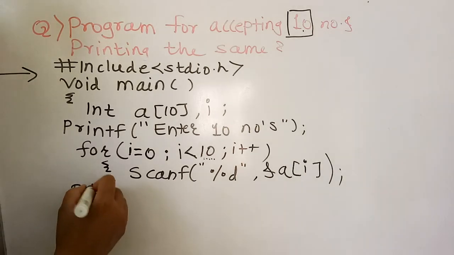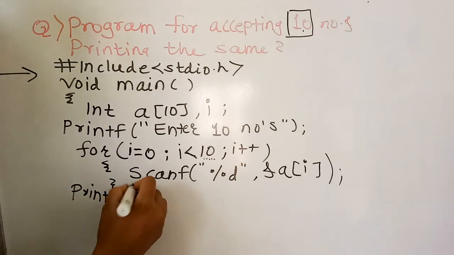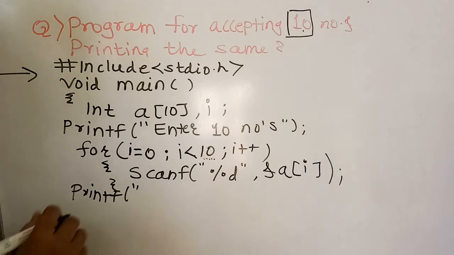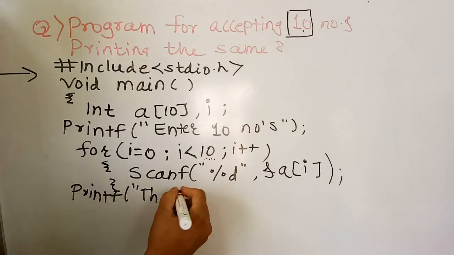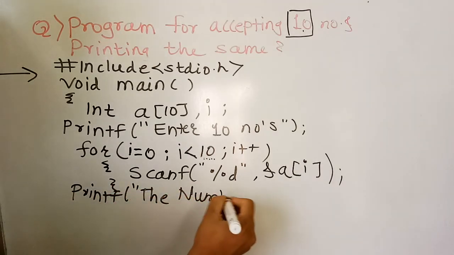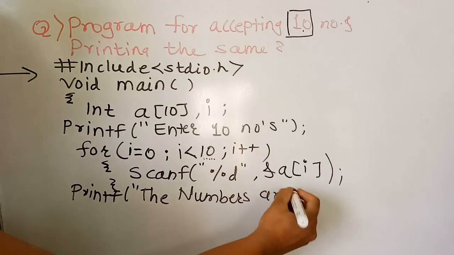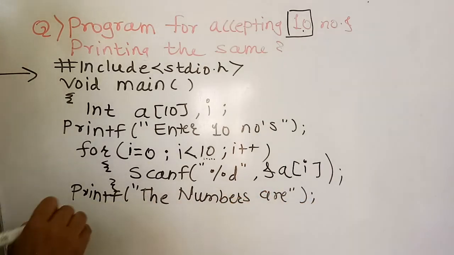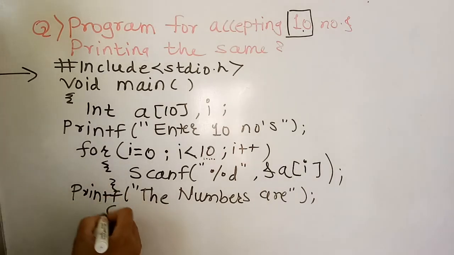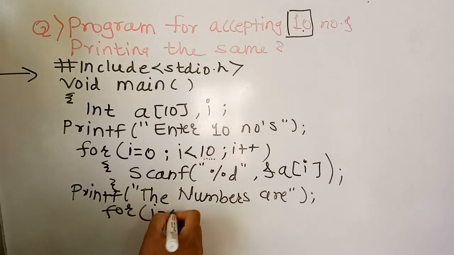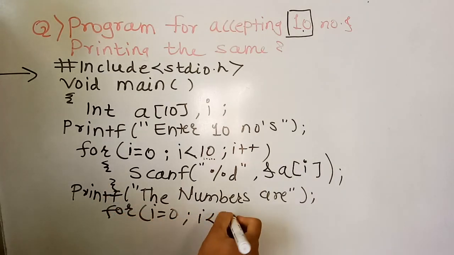Now the only work remaining is to print the numbers. For that you again use the same formula: for i equals 0, i less than 10, i plus plus.